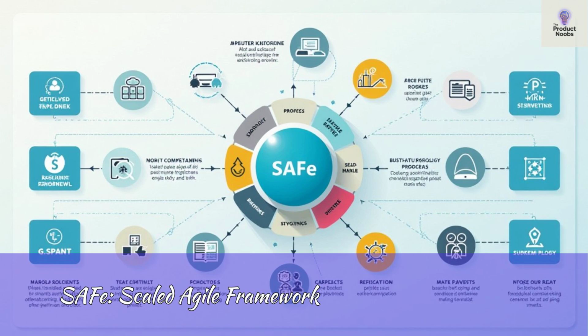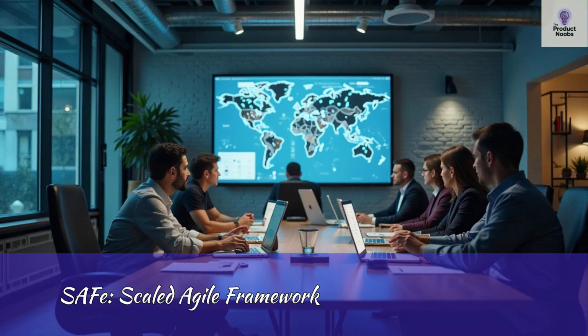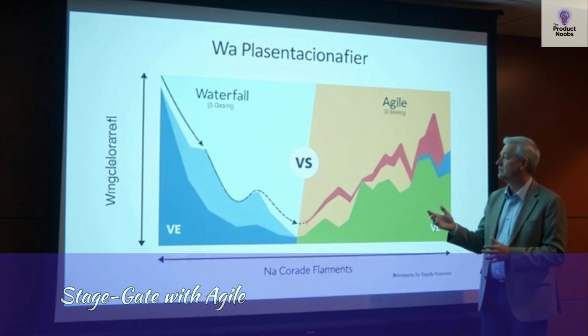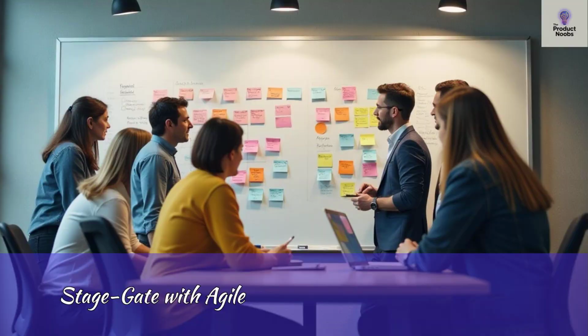SAFe, also known as the Scaled Agile Framework, is used by large organizations to combine agile practices with more traditional planning and governance structures. Stage gate with Agile is when companies use stage gate processes like Waterfall for major milestones and funding decisions, but use Agile practices between the gates.